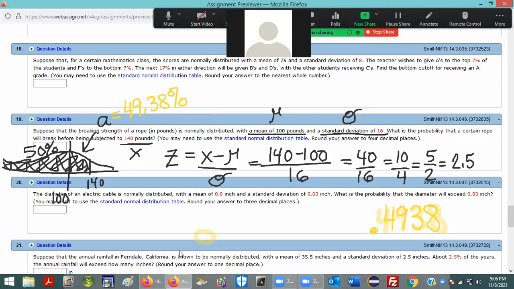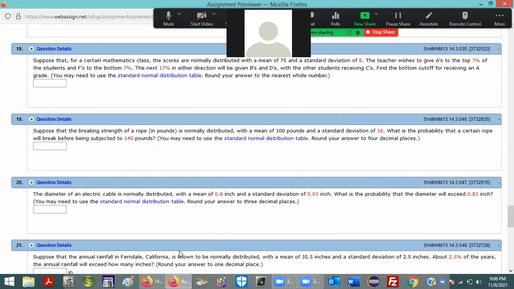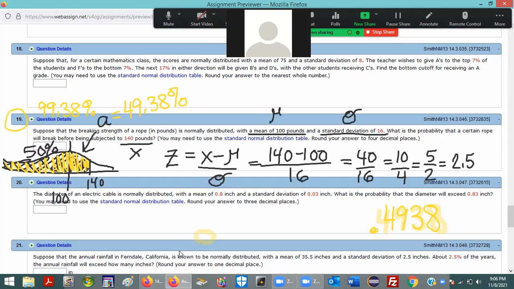So in total, this whole shaded area, 50 plus 49.38, gives me a value of 99.38%, which they want in the, oh, sorry, 0.9938.